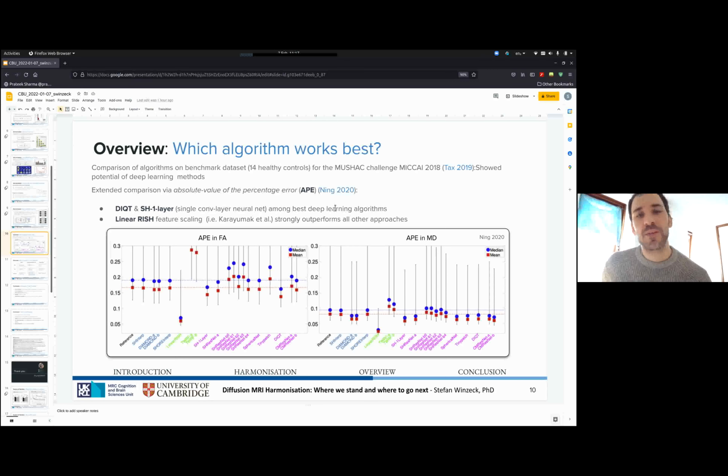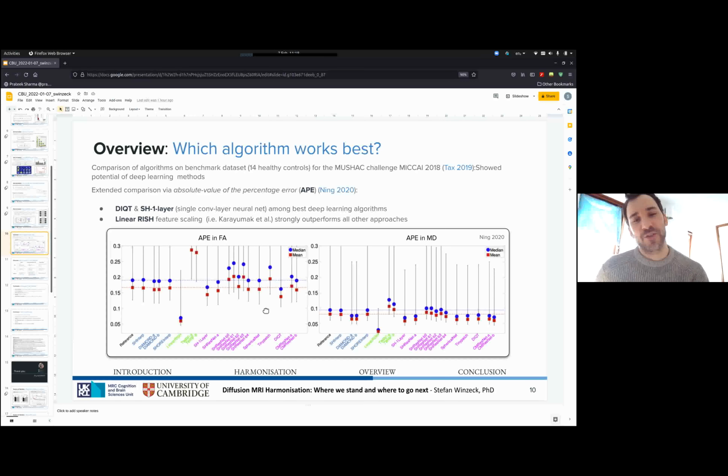In their paper, they used the same data because they collaborated also with Chantal Tax from Cardiff, who also was part of the organizing team for the challenge. And there they showed that linear RISH feature scaling is not as good as theirs. So basically it's an update. If you would like to update this paper, you would maybe include that as well, the new variational autoencoder model, and then it would be somewhere here. So it just doesn't appear on this list because it hasn't been published beforehand.